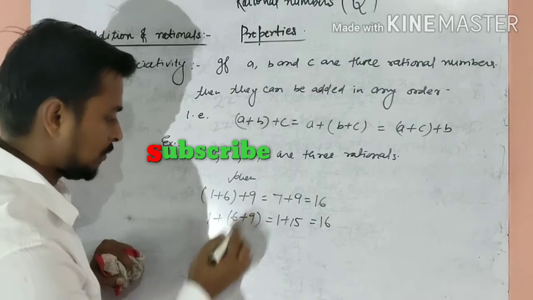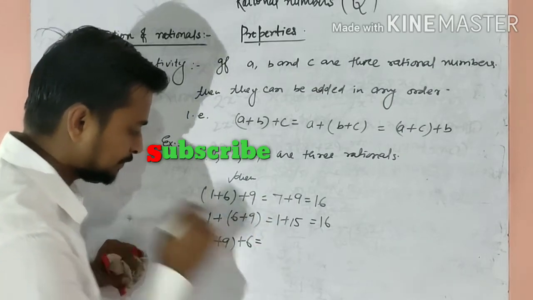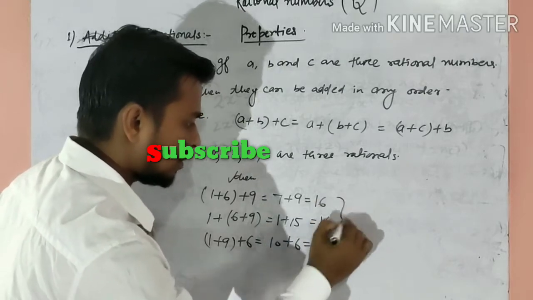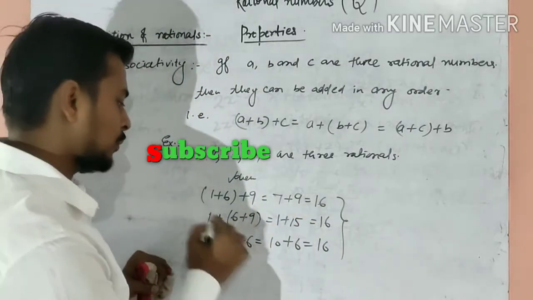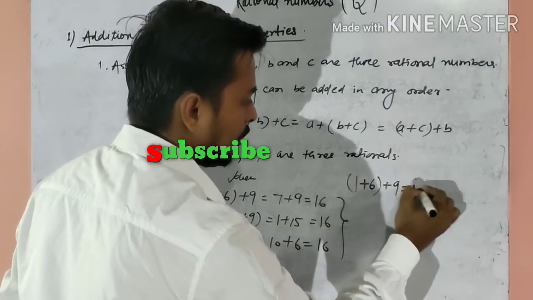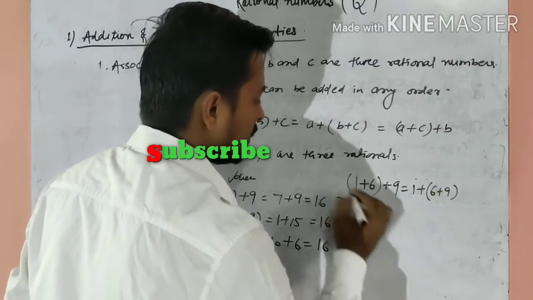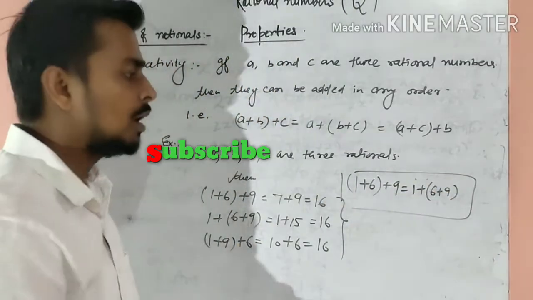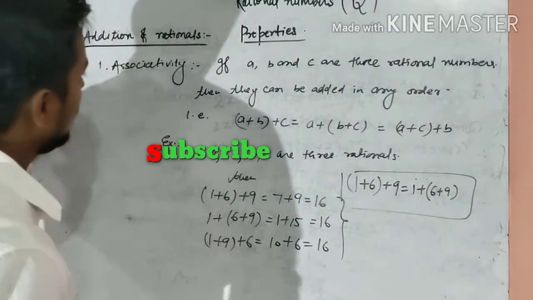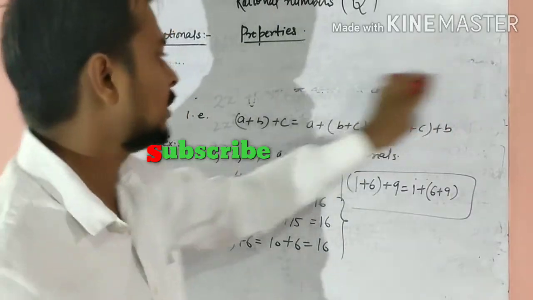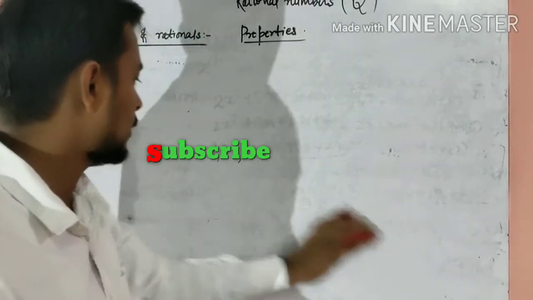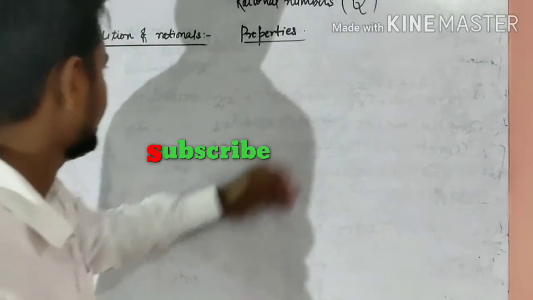Now we are taking one pair with 9: 10 plus 6 is equal to 16. So all three values are the same, so we can say that 1 plus 6 plus 9 is equal in every grouping. So this is the second property. Copy it. For your convenience, you can take a screenshot of this and copy it later. First watch the video carefully.